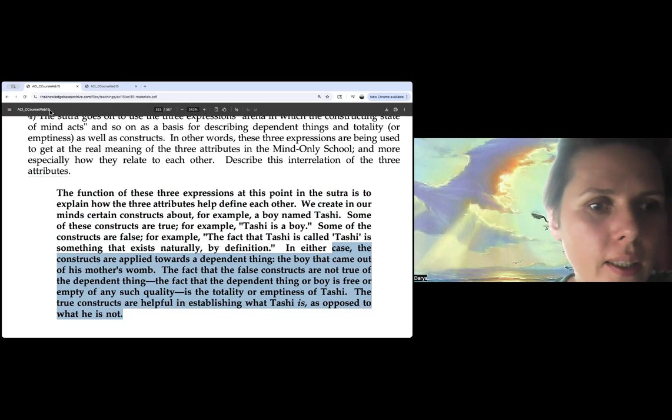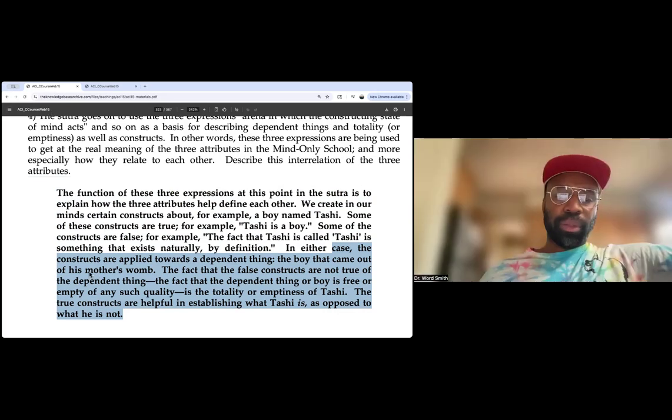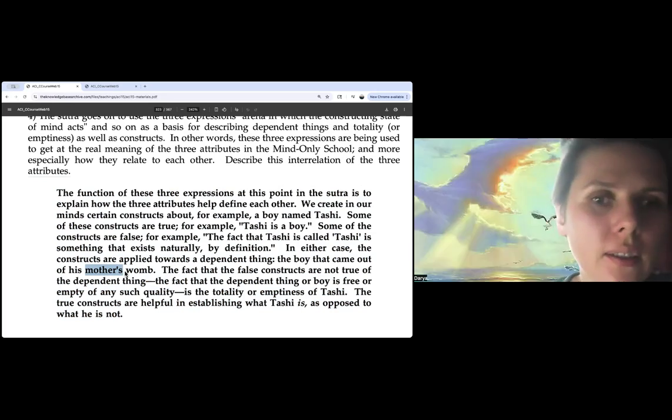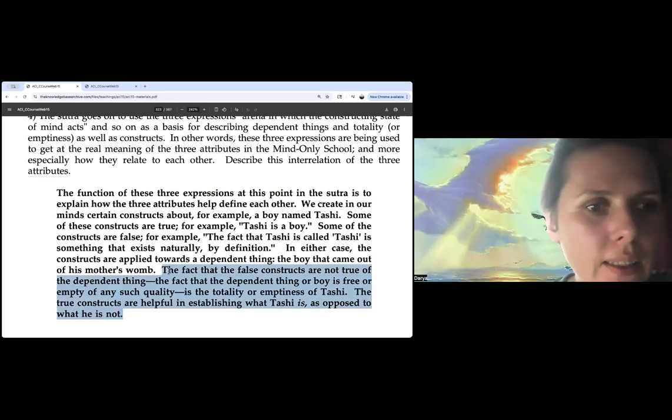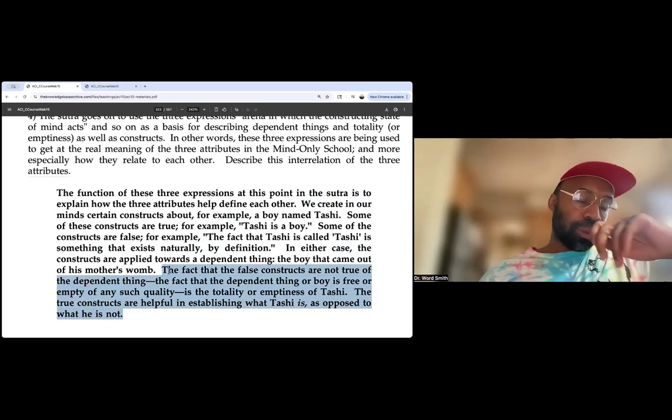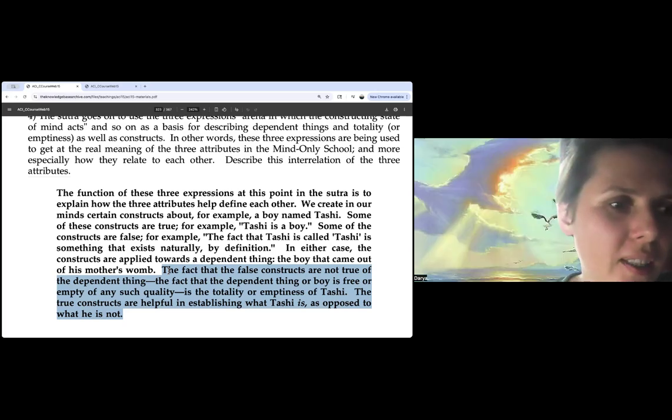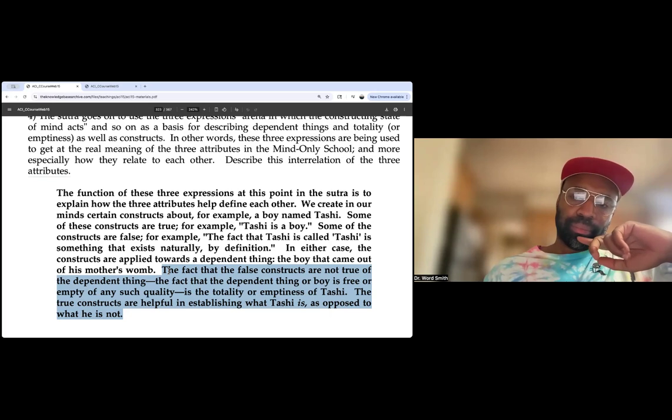The boy that came out of his mother's womb. The fact that the false constructs are not true of the dependent things, the fact that the dependent things or boy is free or empty of any such quality, is the totality of Tashi.